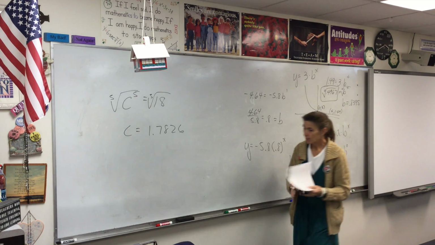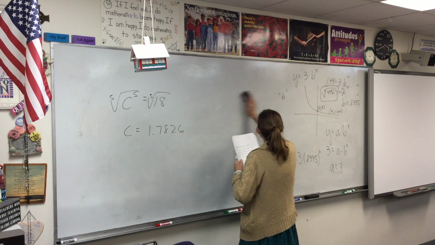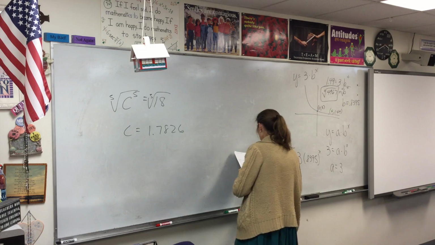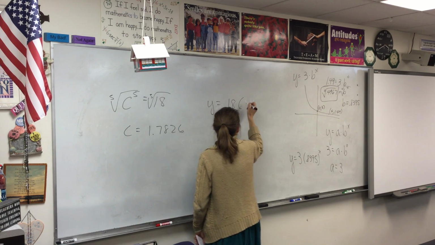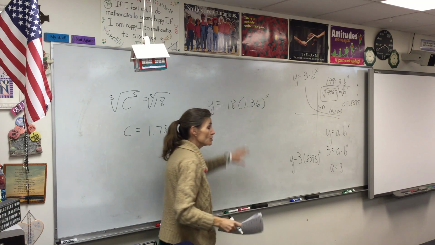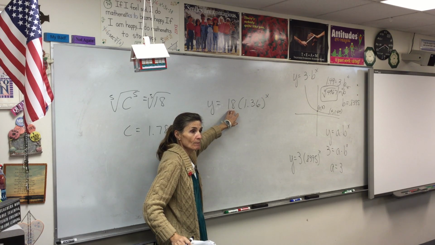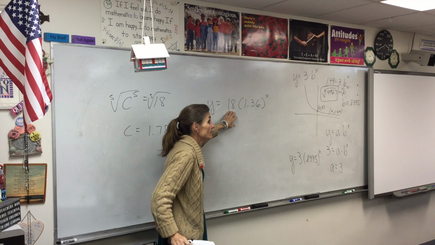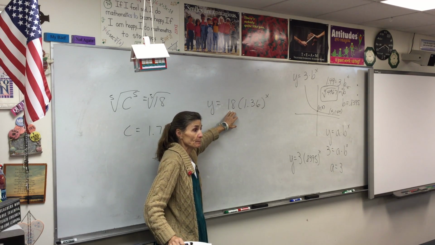All right, now we're going to do number 2. We talked about yesterday that if we have an equation like this, you can tell me about it. What's this first number? Look at your notes from yesterday, what did we call that?